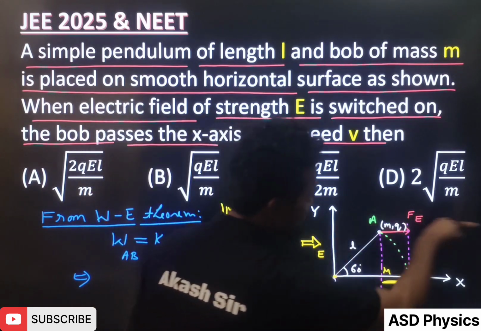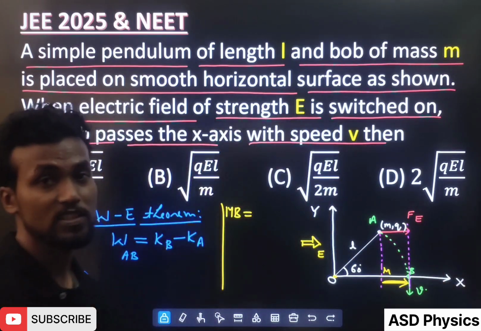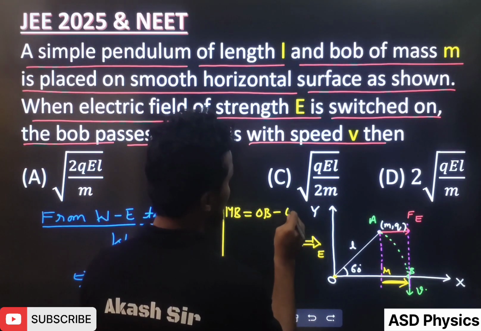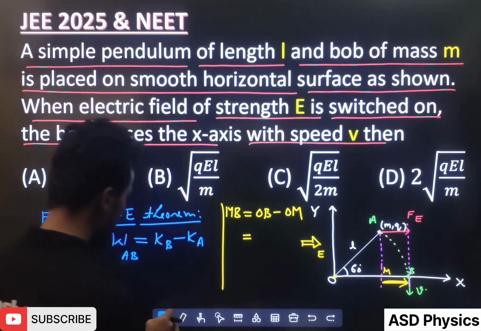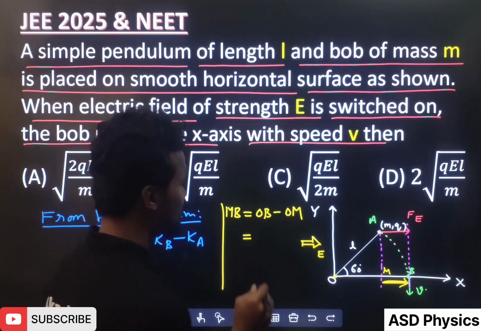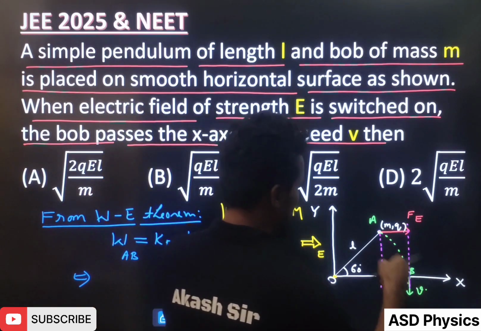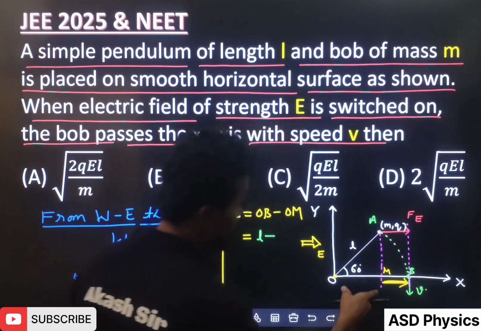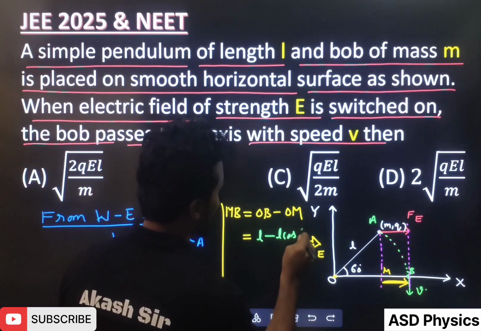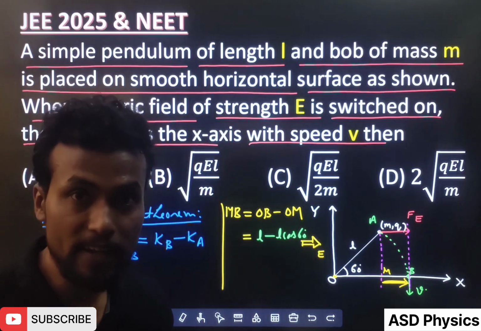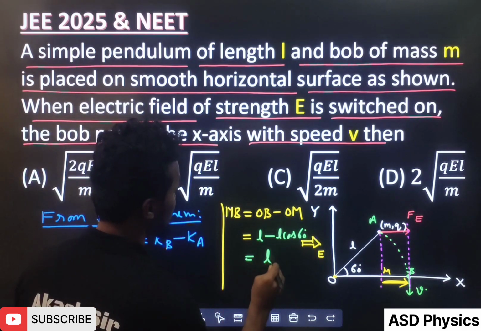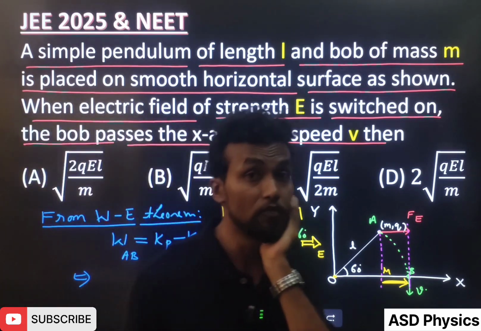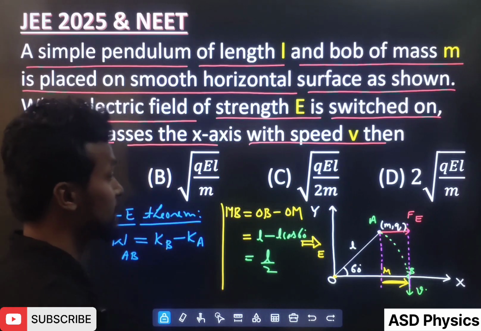MB is given by OB minus OM, since the force is in this direction and we take the displacement parallel to it. OB is the length of the string, which is not going to change, so it is L. OA is the same as OB. OM in this triangle: this is L, the angle is 60, so the base component is L cos 60. Cos 60 is 1 by 2, so L minus L by 2 gives L by 2.